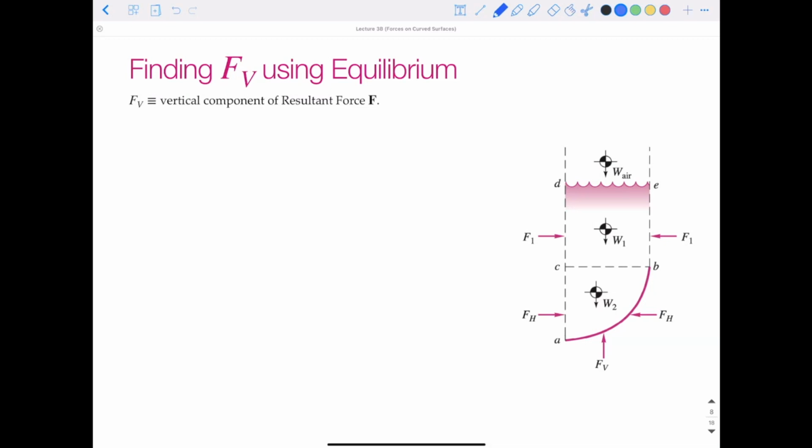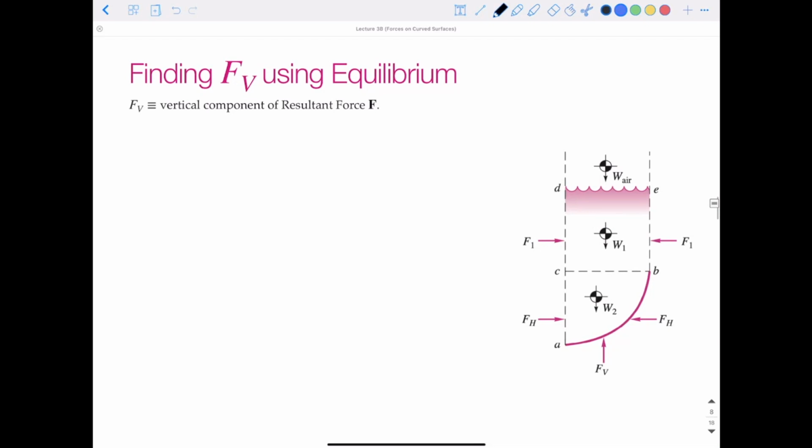If we think of it this way, the surface that is facing upwards, or the surface above the surface that we're doing analysis on, the reaction force of that surface must be supporting the weight of the entire fluid column above it. So that includes the weight of the air, the weight of the rectangular column that's above the surface, and then the weight of the water that's contained within that surface, but directly above it.